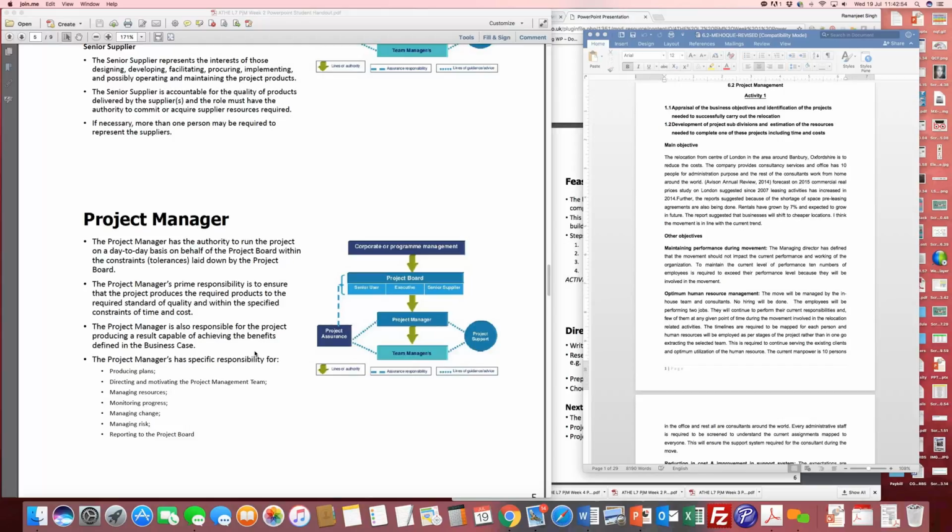He puts the monitoring process in place, how and when he reviews the team, the people who are working on that. And in mostly all cases when Prince2 is involved, he also looks at what is risk, how is risk mitigated, and how change needs to be implemented to mitigate or lessen the effect of that risk.